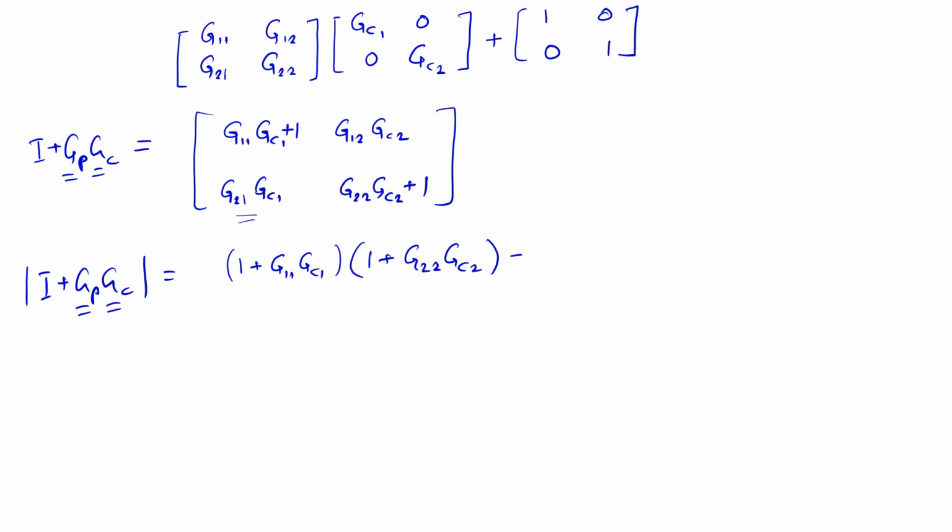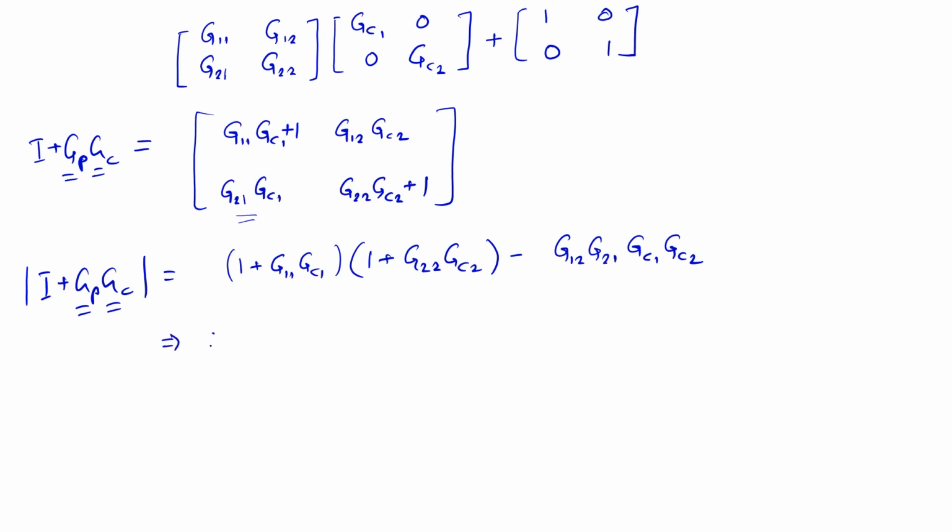Minus G12 G21 GC1 GC2, that's the determinant.